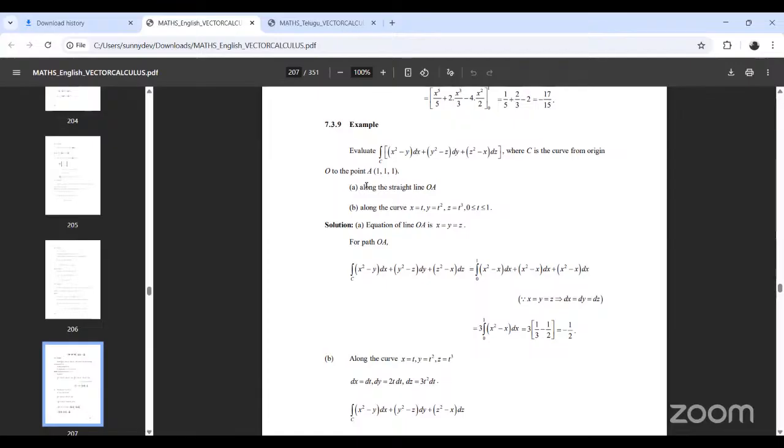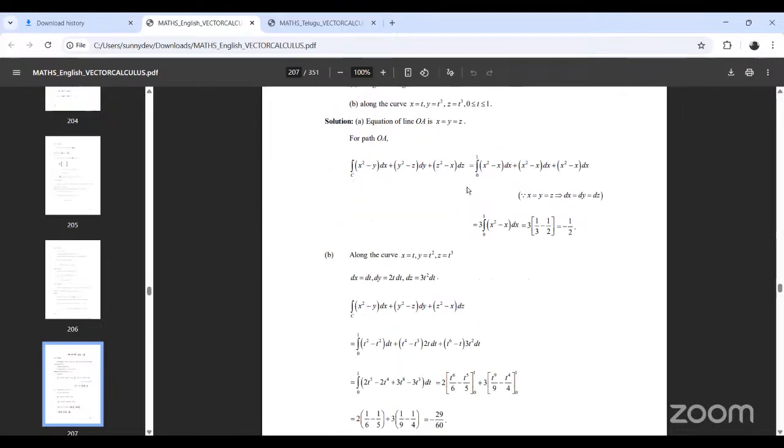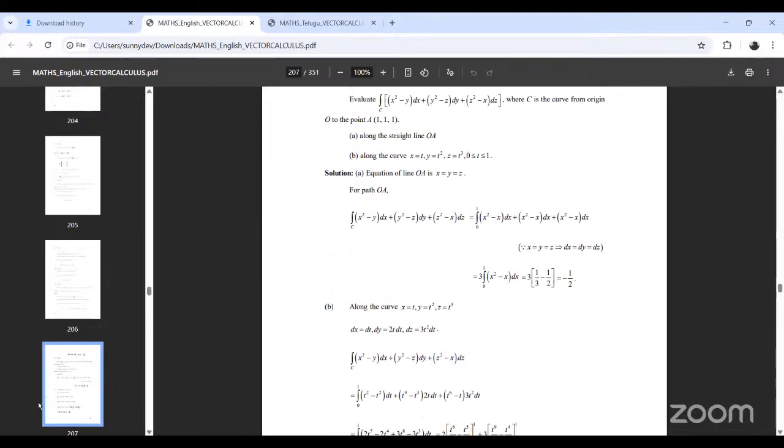First he is asking along the straight line O to N. Along the straight line, we get the equation of the line passing through the two points x1, y1, z1 and x2, y2, z2.